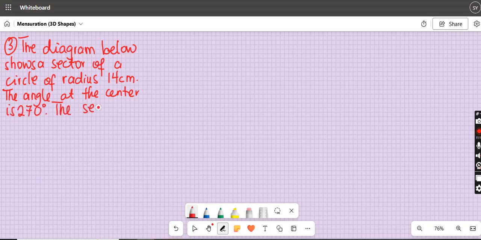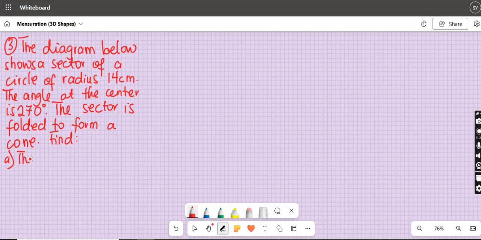The sector is folded to form a cone. Find A, the radius of the cone.